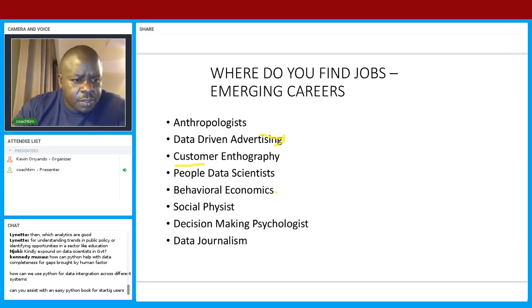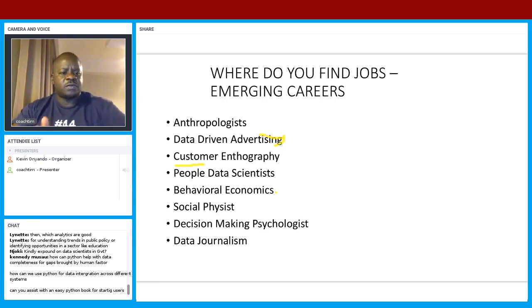Kennedy is asking a question here: how can Python help with data completeness for gaps brought by human factors? Using the Python libraries pandas and NumPy, you're able to create that cleaning. You can automate the cleaning by feeding in commands.